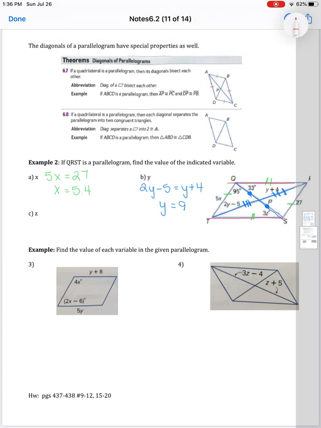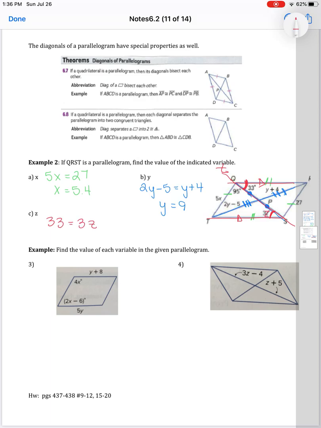So here are my two diagonals. They cut each other in half, which means this one is congruent to this one, and this one is congruent to this one, and that's where the y is going to come from. So I know that 2y minus 5 is equal to y plus 4, which means y is equal to 9.